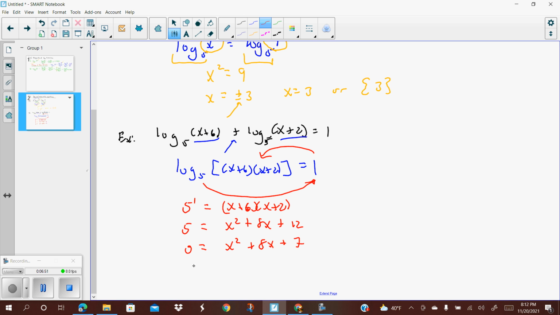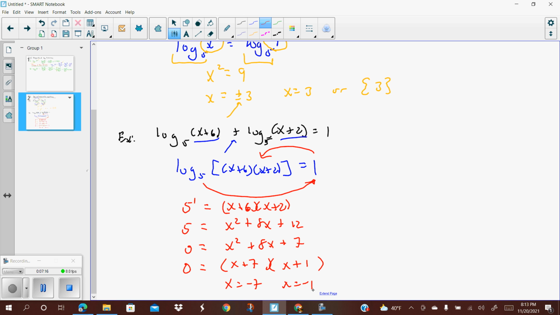This one looks to be factorable. And it looks like we're going to get x plus 7, x plus 1. Which means that either x will equal negative 7, x will equal negative 1.